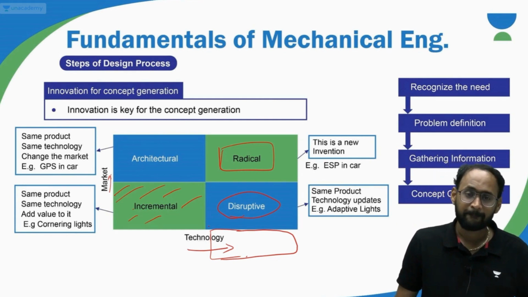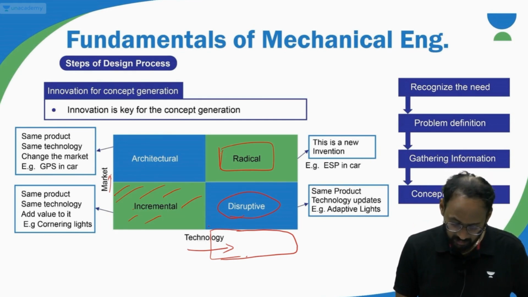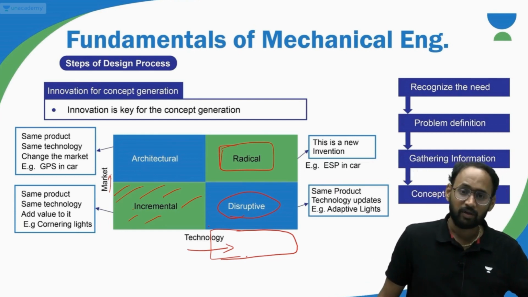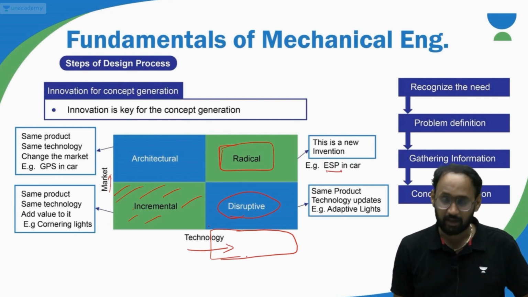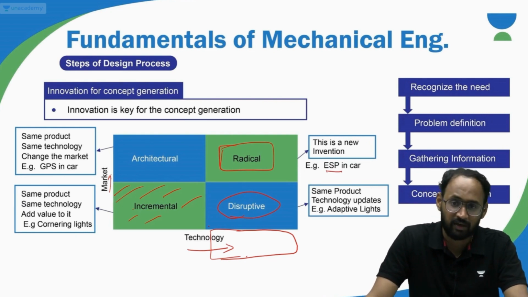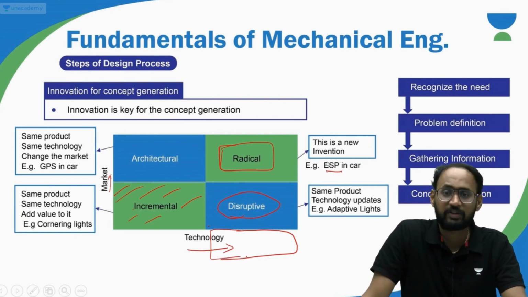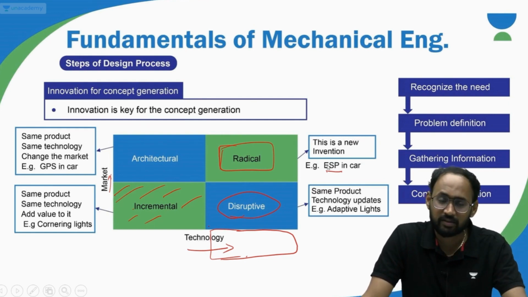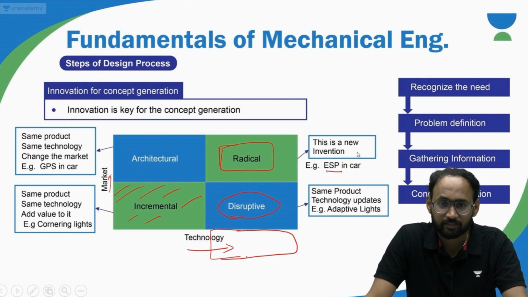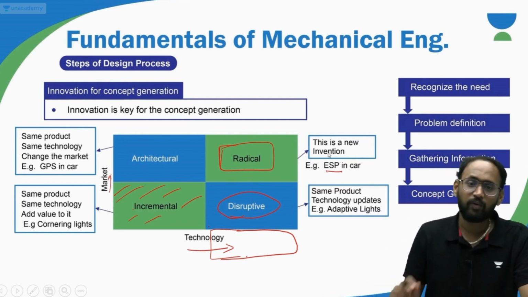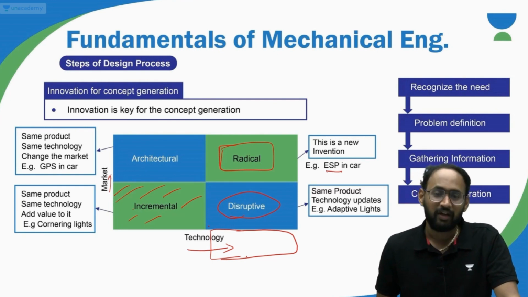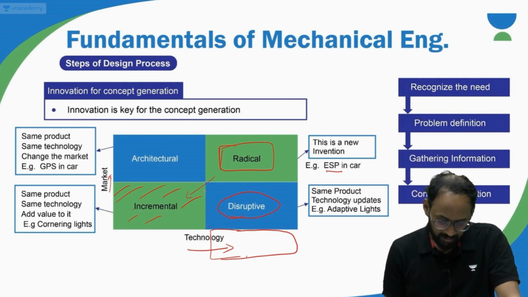For example, ESP in a car, the electronic stability function, which adds a lot of stability to your car. It's a radically new innovation. And if you add certain functionalities on top of ESP, then it comes to incremental innovation.